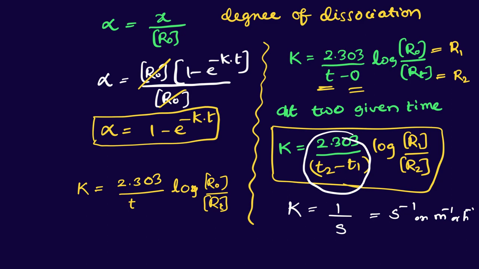This is the first order rate constant unit. Next, what are the examples? Examples for first order reaction.